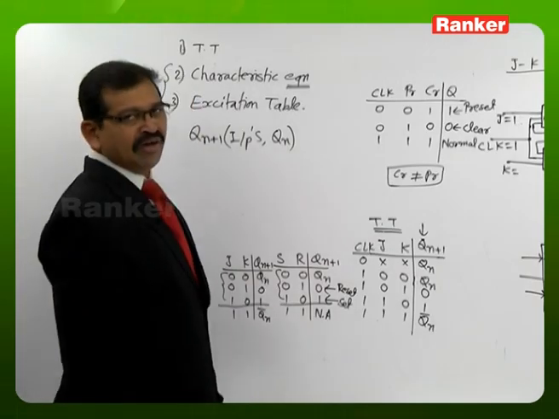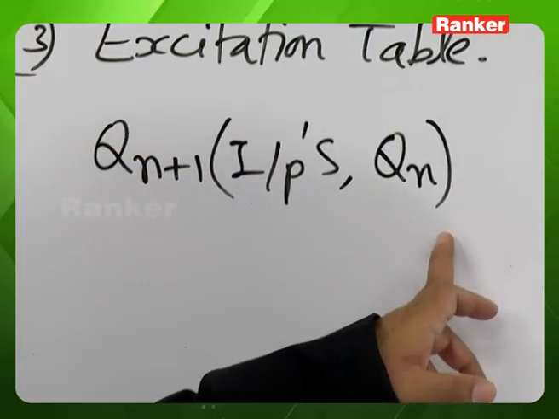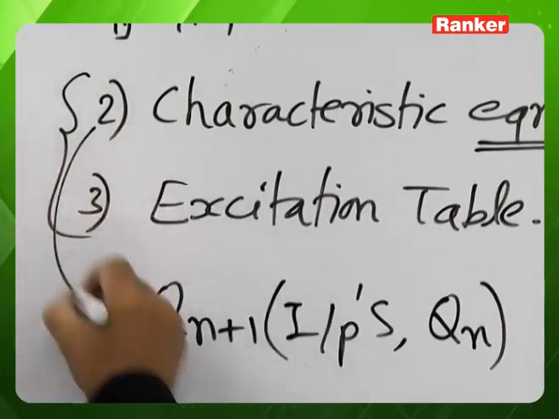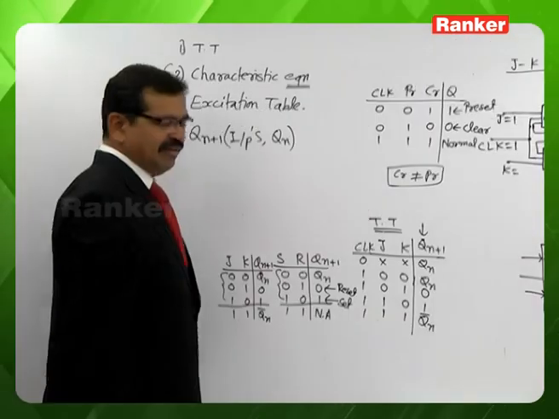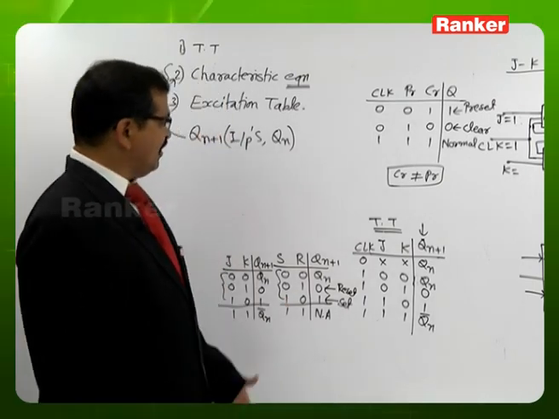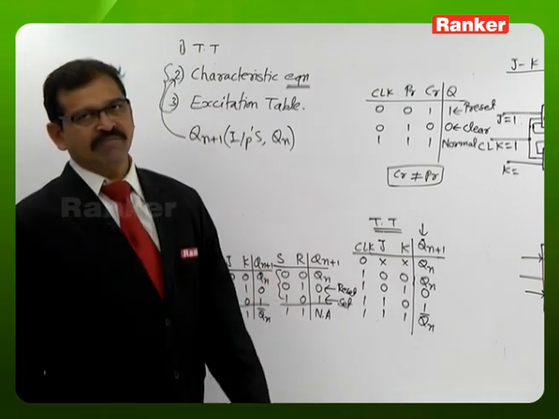So when we develop a mathematical equation for Qn plus 1 as a function of inputs and Qn, such an equation is named the characteristic equation. In general, this is the case for any flip-flop. Let us first develop the characteristic equation for the SR flip-flop.